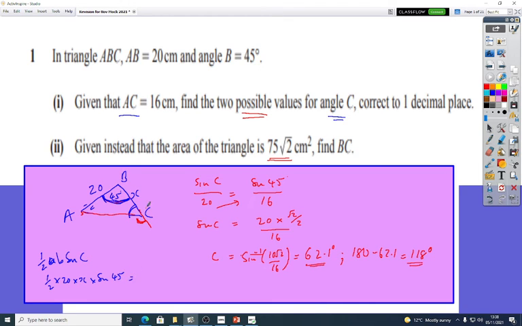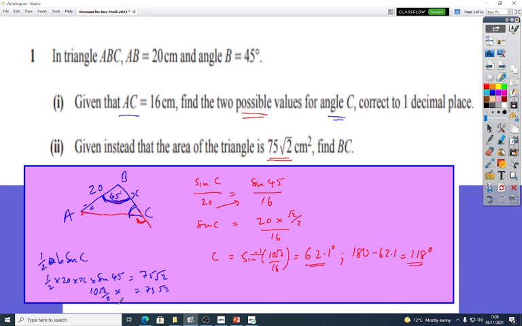And it tells you that's going to equal the area, 75 root 2. First of all, half of 20 is 10, and 10 times root 2 over 2 gives me 10 root 2 over 2 times X, which equals 75 root 2.